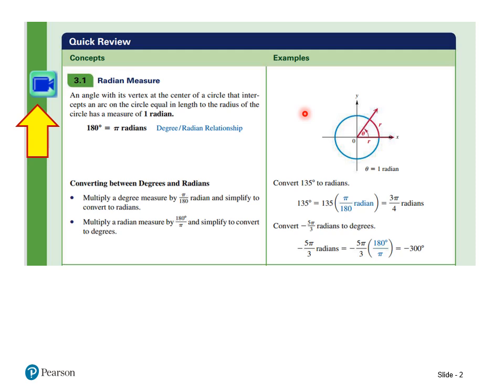When you're converting these, the first thing I want to tell you is notice this little video camera. These notes are coming from your electronic text in MyLab Math. This is at the end of each chapter. It's called Test Prep. This is Chapter 3, Test Prep.